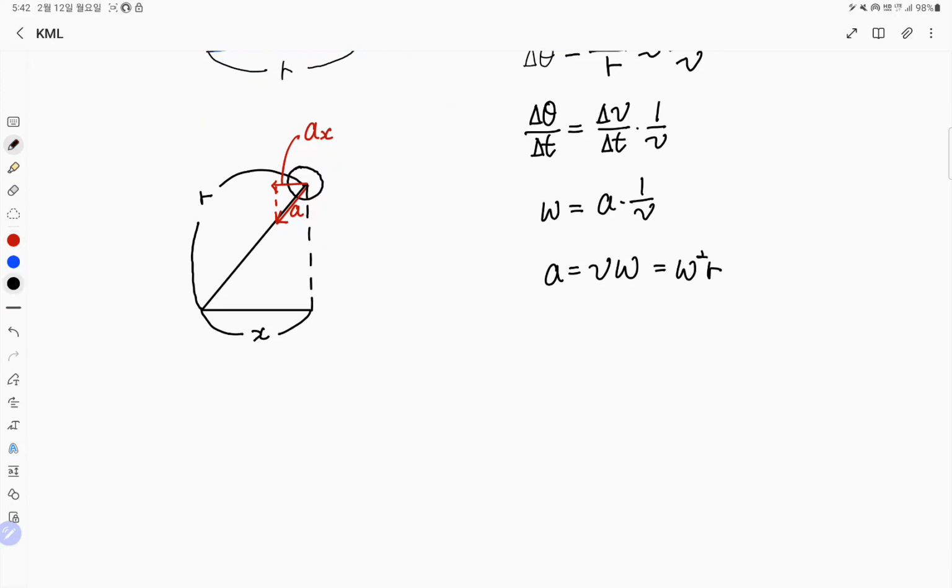So that means x over r is equal to ax over a.